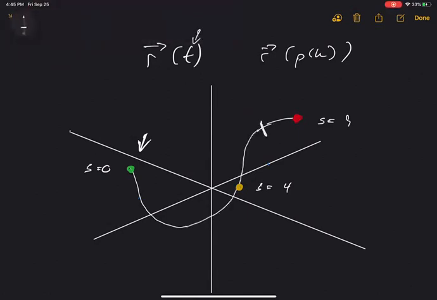Maybe this point is 5 units away from this starting point here, meaning we've moved 5 units along this curve to get to here.